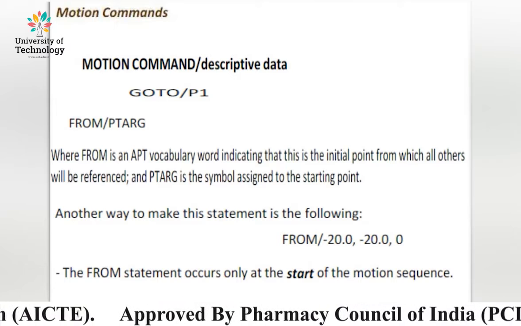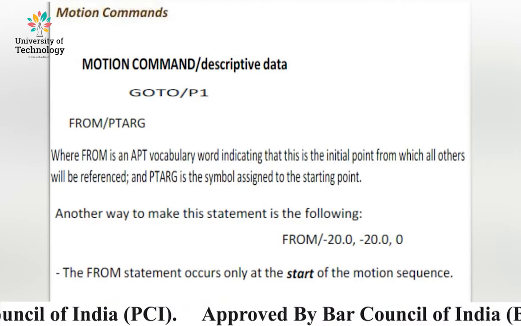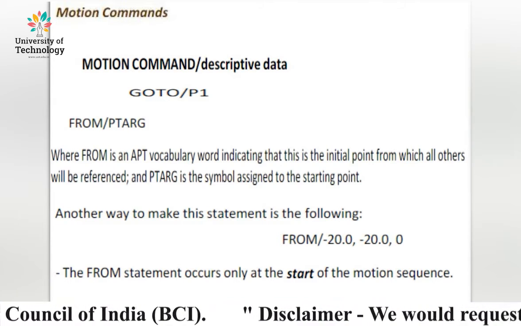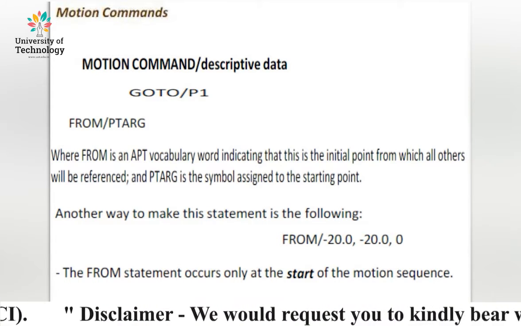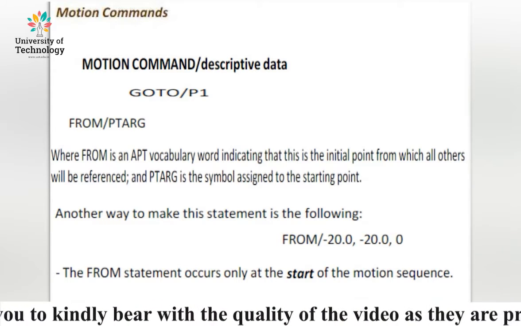Another way to make this statement is: from oblique -20 and 0. These are the coordinates x, y, z. The from statement occurs only at the start of the motion sequence in APT language.